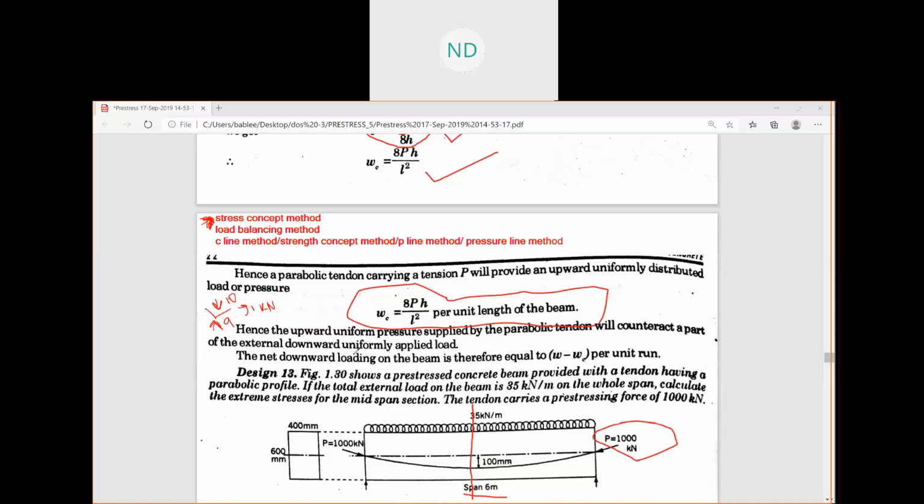We have not gone till now to the C line method or strength concept method. We have done the stress concept method, in which we only found the stresses.